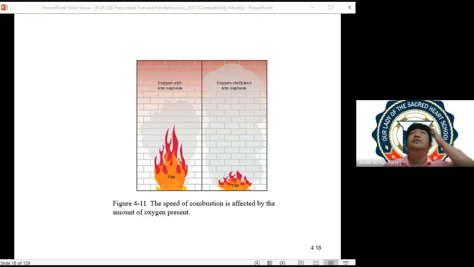Another thing that we need to consider is that yung water, remember water is rich in oxygen. Thus, pag sinabuyan nyo ng tubig yung fire, it will not be a very effective means. Sometimes it can also trigger greater rate of spread ng fire natin.